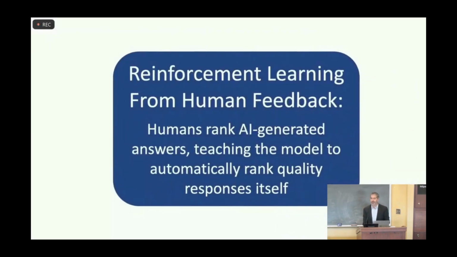And then they came up with an even smarter idea, which is kind of crazy. Now that we've trained the model to be pretty good at writing poems and stuff like that, let's get a bunch of people in the room and have it produce 5 outputs, like 5 poems, and have the humans rank them from best to worst, 1 to 5.